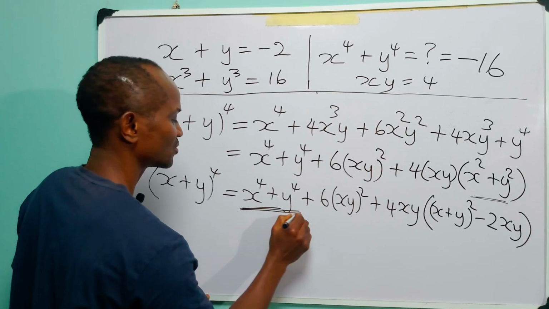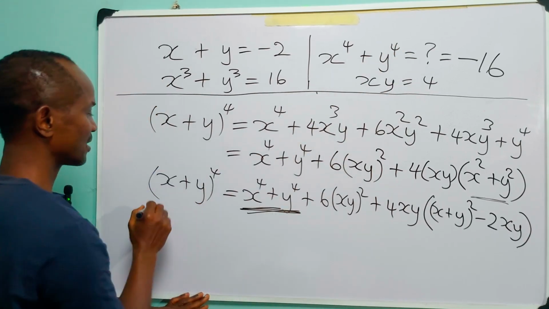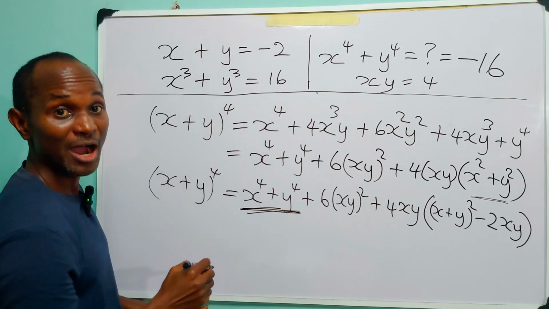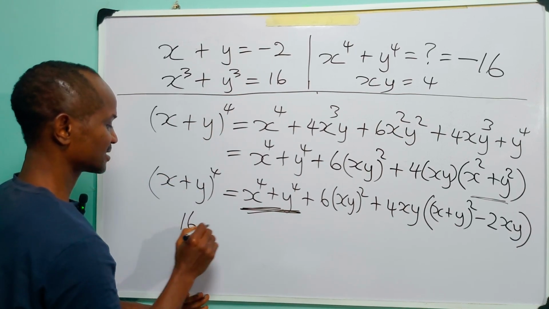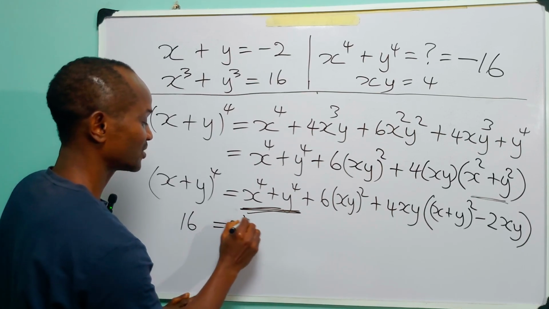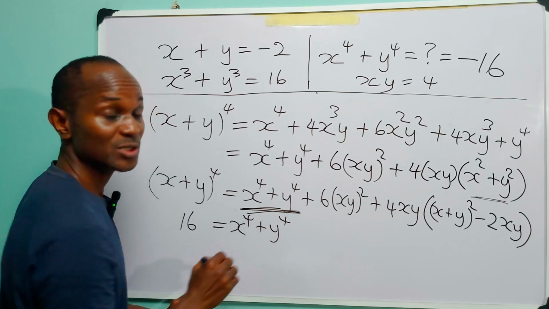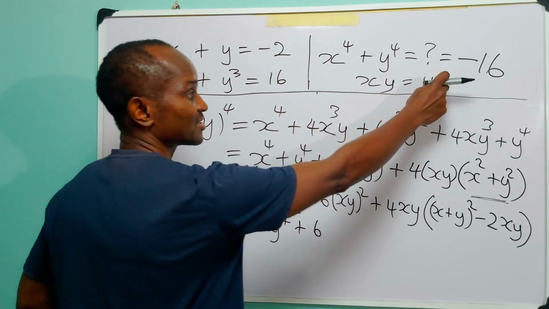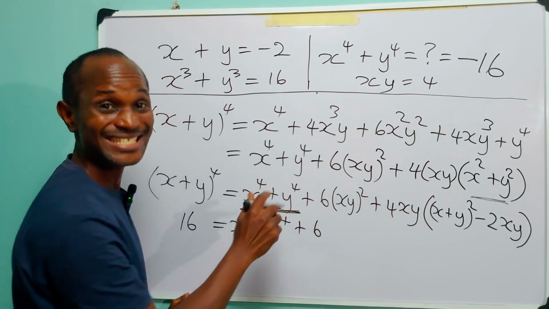Now all that is left is to substitute these values into this. Remember that this is what we are looking for. So here we have x plus y is this, minus 2 raised to power 4 is 16, and this is equal to x raised to power 4 plus y raised to power 4 plus 6. Now xy is 4, and 4 squared is 16.